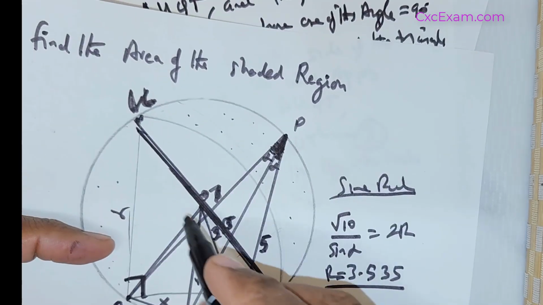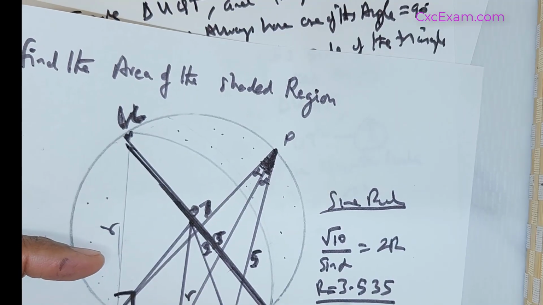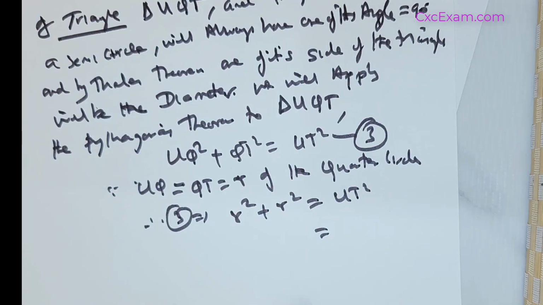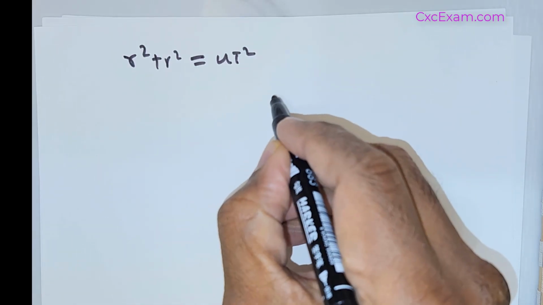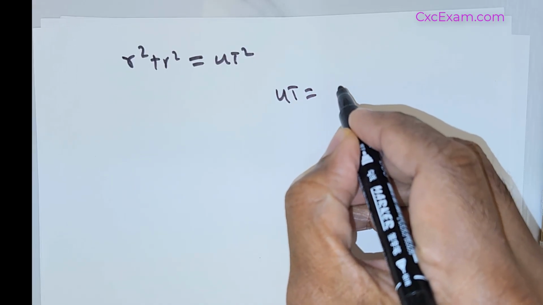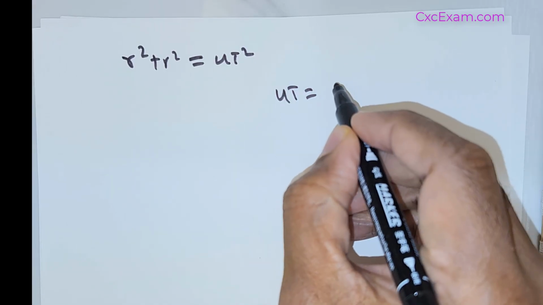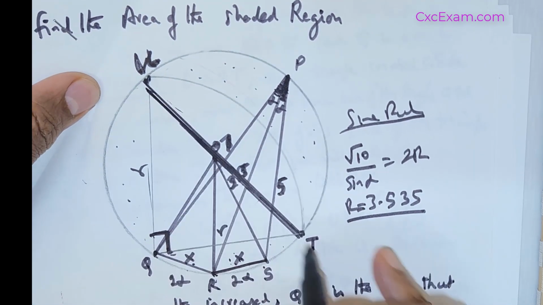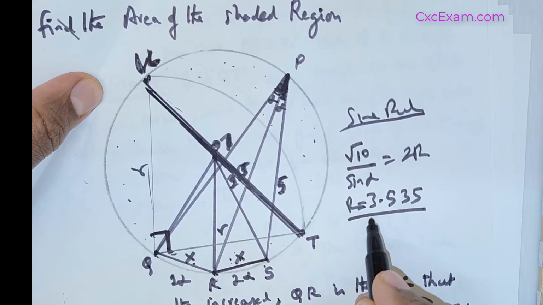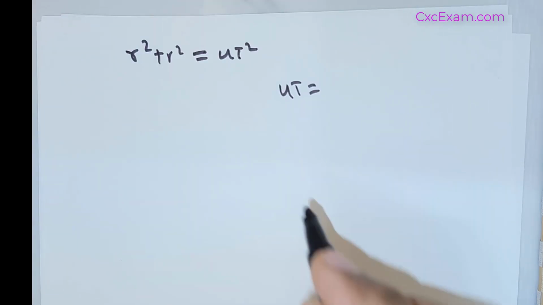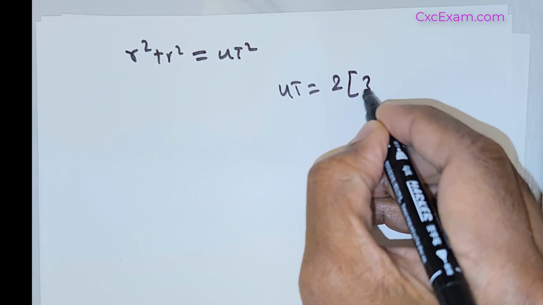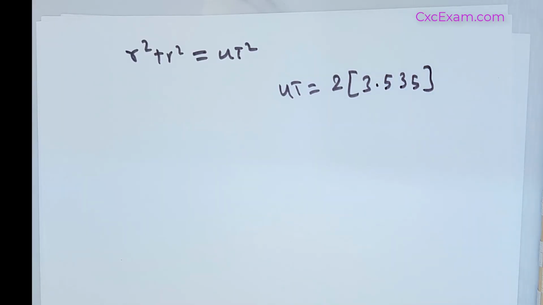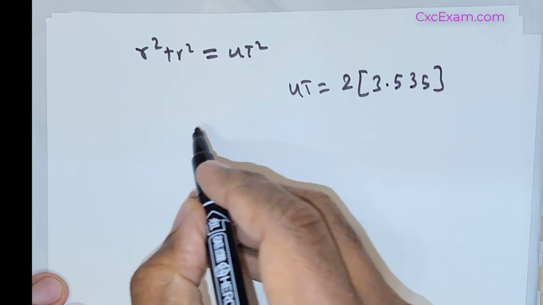UT is the diameter of the parent circle, right? So UT is supposed to be the entire diameter. The radius of the parent circle is 3.535. So UT is going to be 2 times 3.535, and we will have to square that.